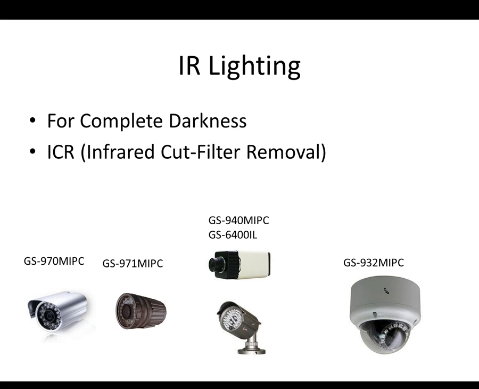But when nighttime hits, that filter gets removed to be able to be infrared sensitive. So you can see in complete darkness, the camera switches to black and white. And you can go with the integrated IR, like with our bullet cameras and our domes, or you can go with the box camera with the external IR illuminator.